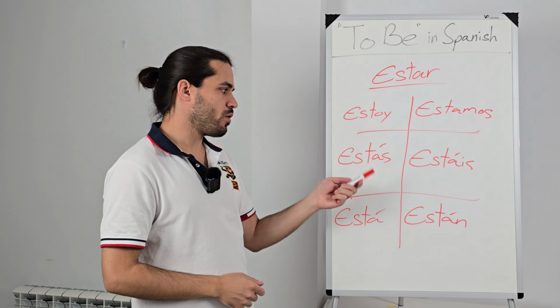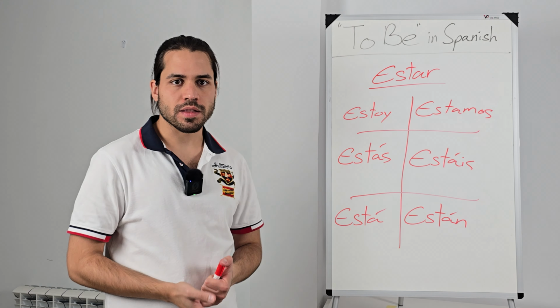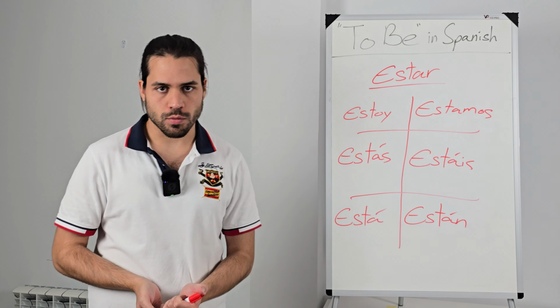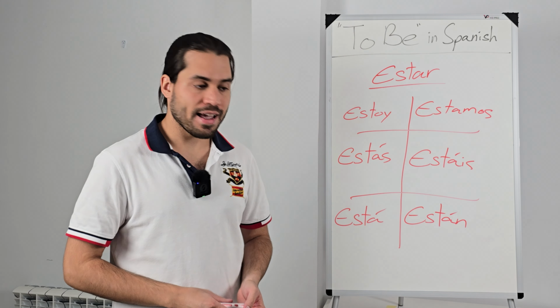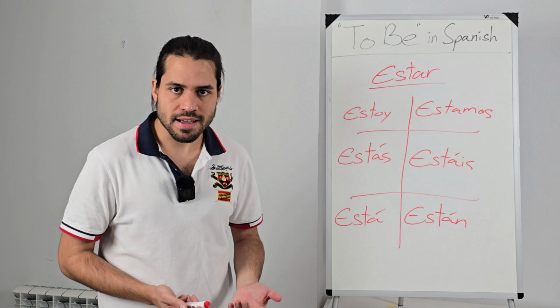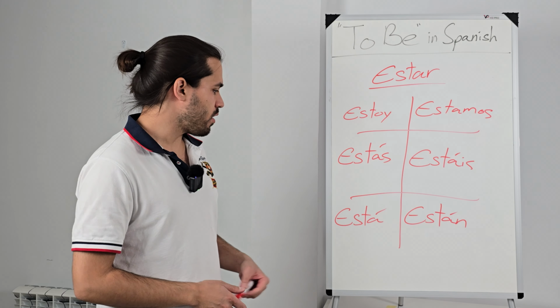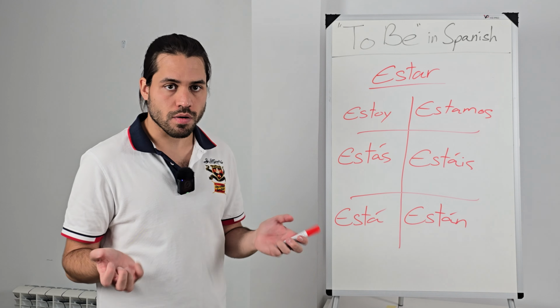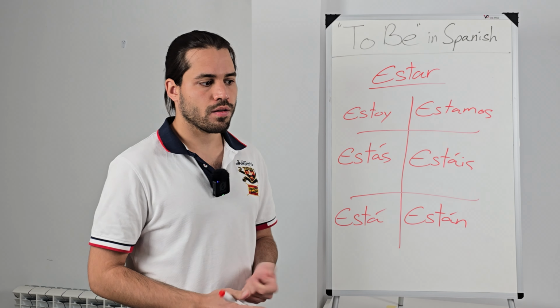And when you're writing these out, you have to make sure they have the little tilde on the A. Otherwise, it's a completely different word. The difference between está and esta. Está means he is, she is, temporary state, whatnot. Esta means this.